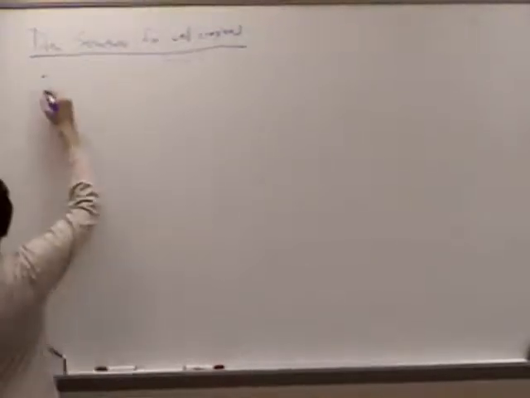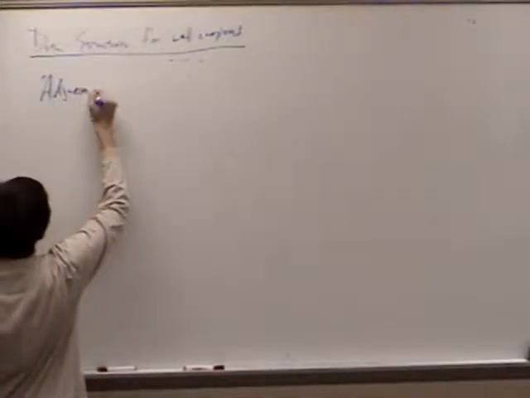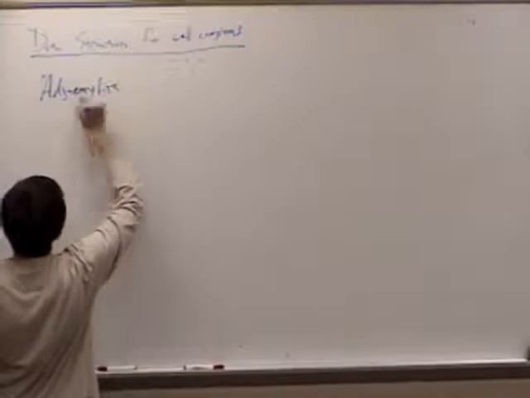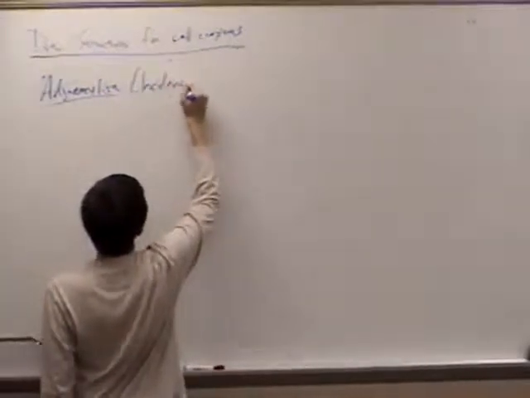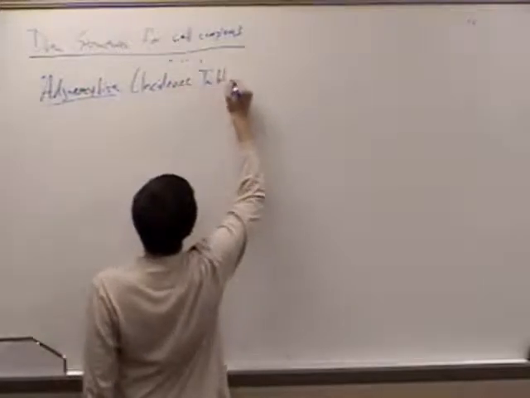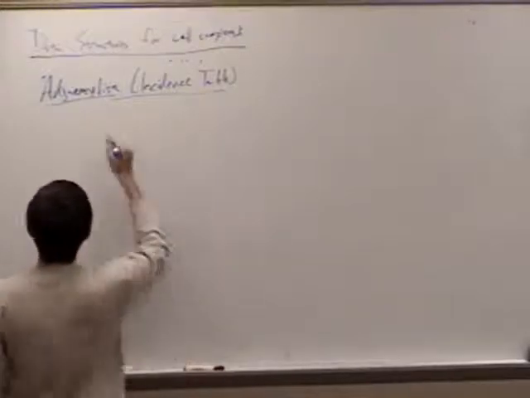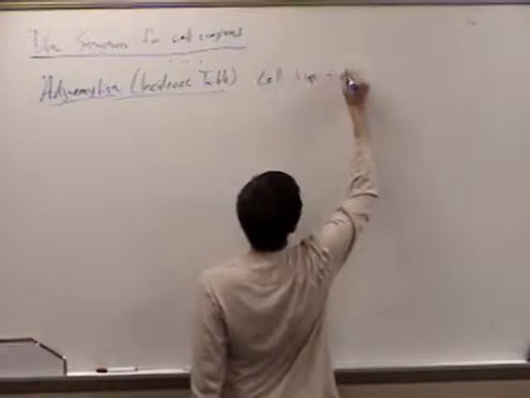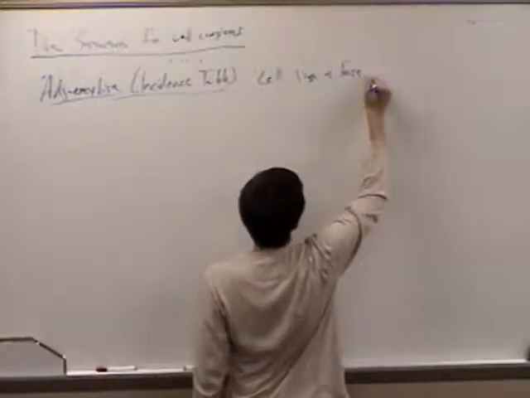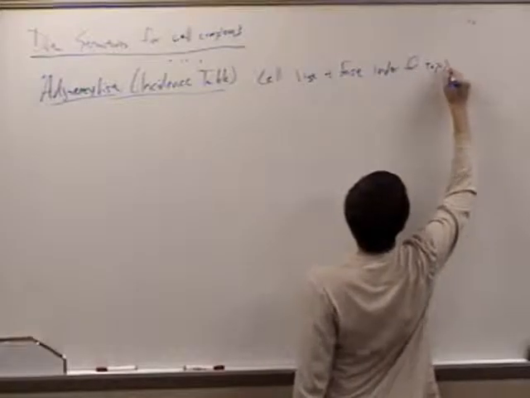So here's the idea. We'll call it an adjacency list, or maybe an incidence table, which is basically a cell list plus a fast index for topological queries.